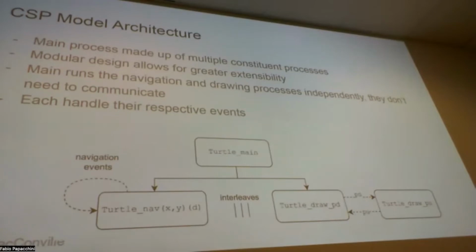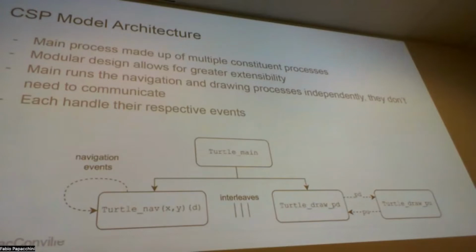And if you have a model, what does it look like? It's not just a single monolith. We have a main process that we make assertions on, that kicks off the whole thing. But much like any program, it's made of multiple constituent processes, multiple constituent functions, if you want to think in a more programmatic way.